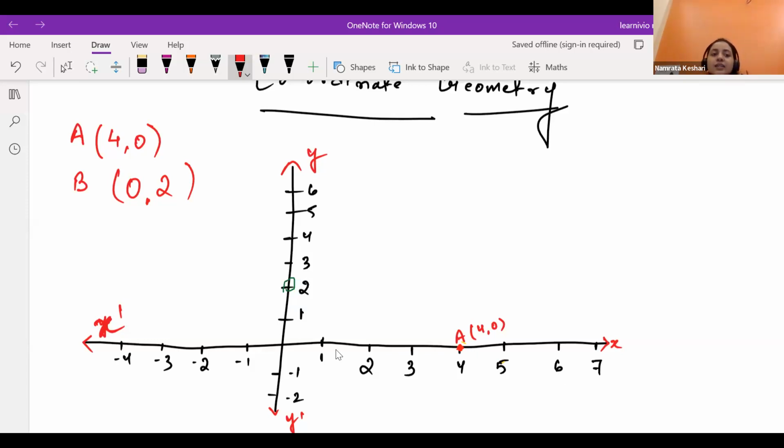Now, Sazia, point C is there, and the coordinate of point C is 3, 3. Please locate it.